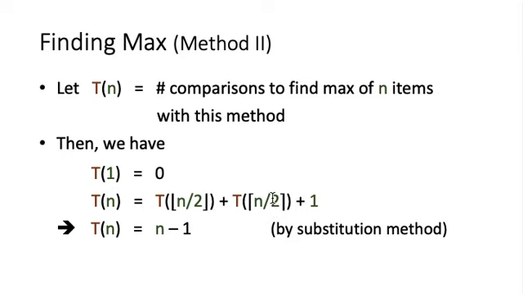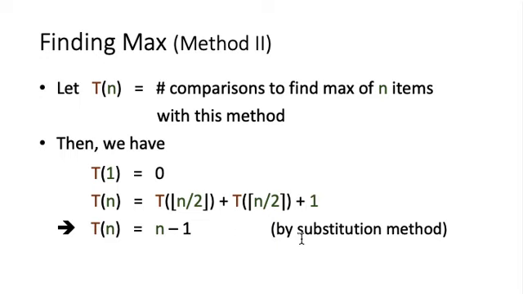Because we use recursion to find the maximum of each group, the number of comparisons will be T(floor(n/2)) and T(ceiling(n/2)). We obtain the maximum of the first group and the maximum of the second group, and then we still need one more comparison to find out which of these two maximums is the true maximum. So we will have a +1 here. This is something that we have seen before, and we can find the exact closed form for this T(n). It turns out that T(n) is exactly equal to n-1.